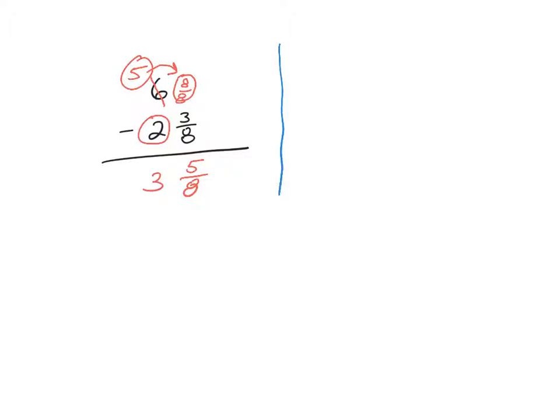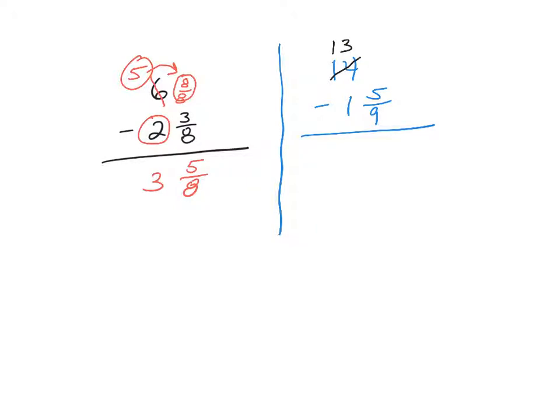Let me do one more similar problem. If I had 14 subtract 1 5/9, I have to take 5/9 away from something, and I don't have a fraction up there to take it away from. So I'm going to take 1 away from the 14, I'm going to make it a 13.